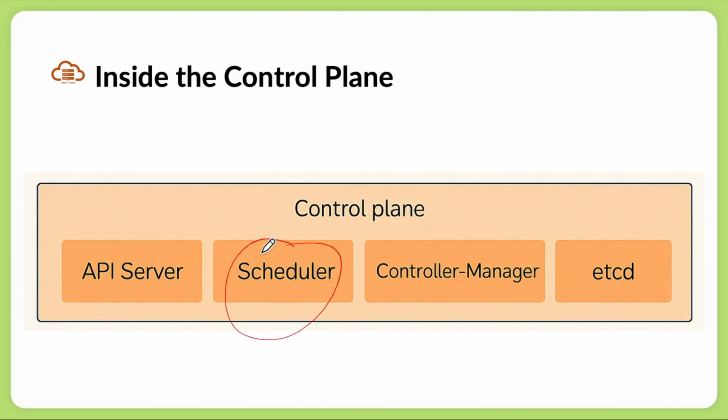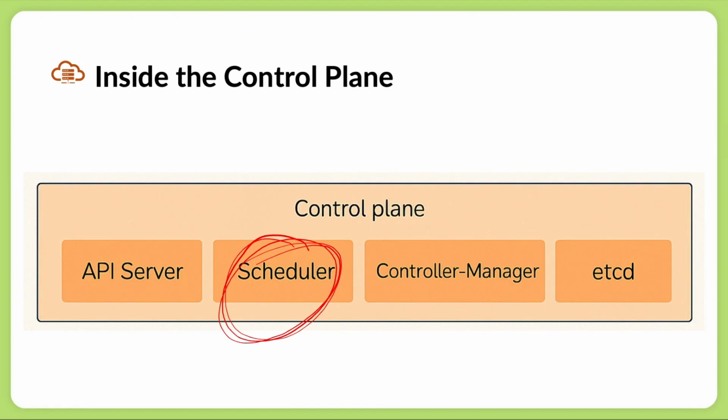Next is the scheduler. The scheduler decides who runs what. We know we have multiple worker nodes, and that's where our containers are going to run, and this is decided by the scheduler. As the name suggests, the scheduler decides which node a container is going to run on. It checks the number of available nodes, how much CPU and memory is available on each node, and which node is best for running this particular container.